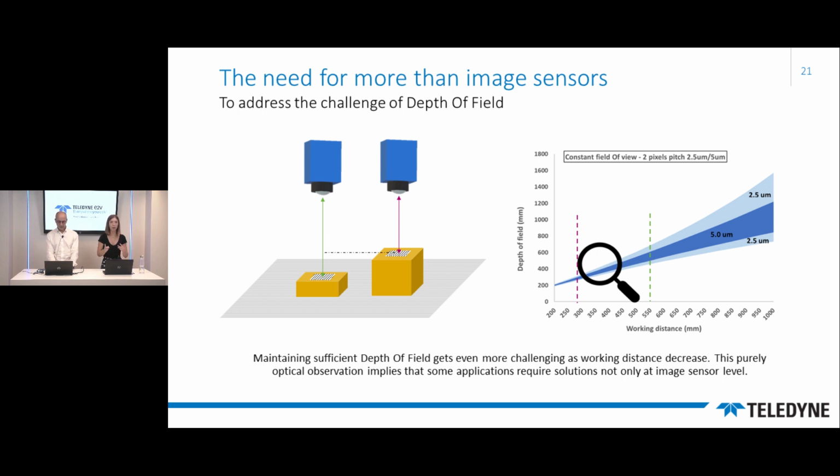If you look at the graph on the right, which shows you the evolution of the depth of field with the working distance for a constant field of view in two different situations. For the dark blue part, you can see the corresponding depth of field in case of a 5 micron pixel pitch.